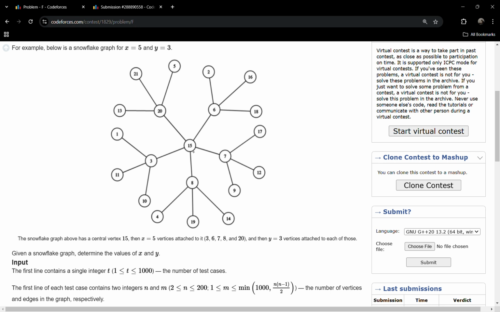The degree of only one vertex is x, and all the leaves have degree 1, which is their maximum frequency, and in between, the second most frequent degree is y. This we can infer, and there is one exception to this.